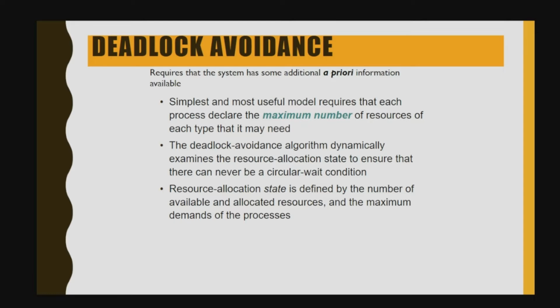The simplest and most useful model requires that each process declare the maximum number of resources of each type that it may need. So a process should declare the maximum number of resources that it needs.